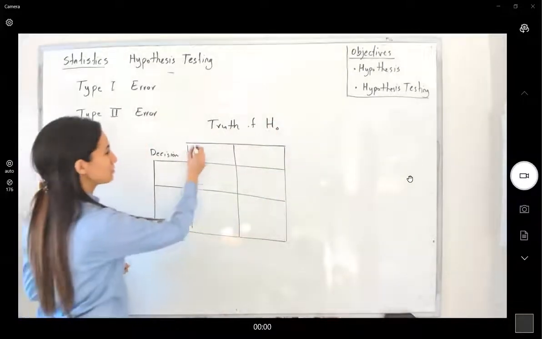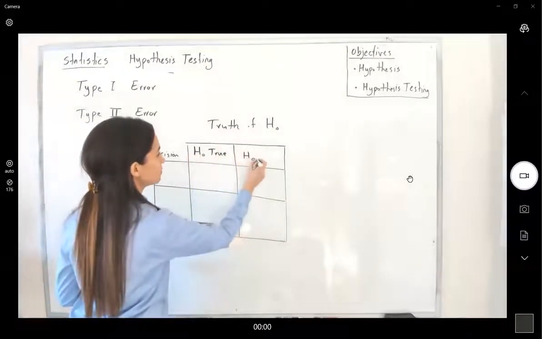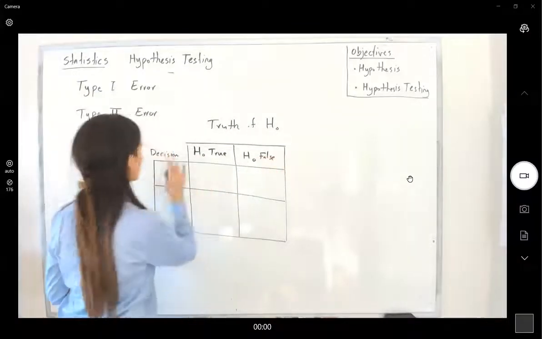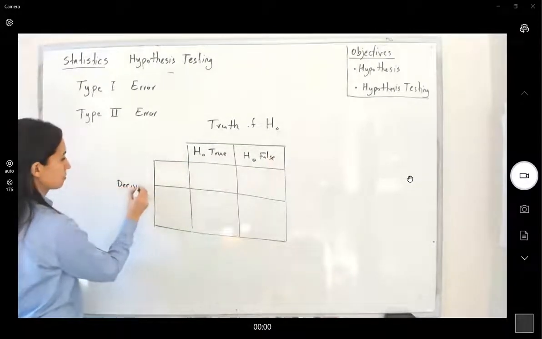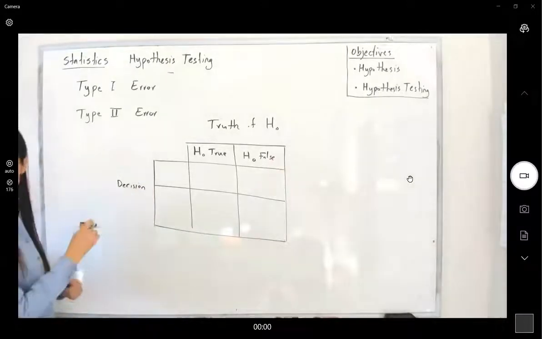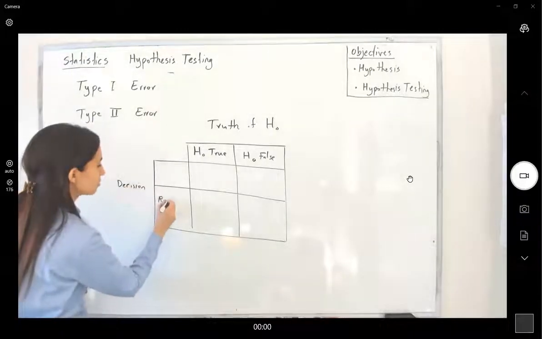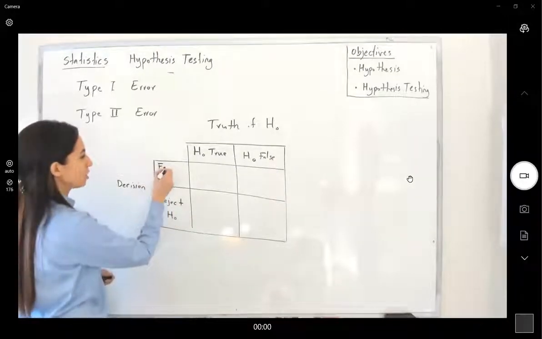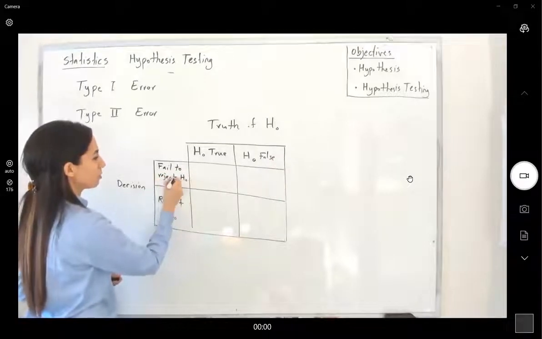It's either true or it is false. So let's write down the decision here. We decide to reject the null hypothesis or fail to reject the null hypothesis. So reject the null hypothesis, or we decide to not reject it. Fail to reject the null hypothesis.